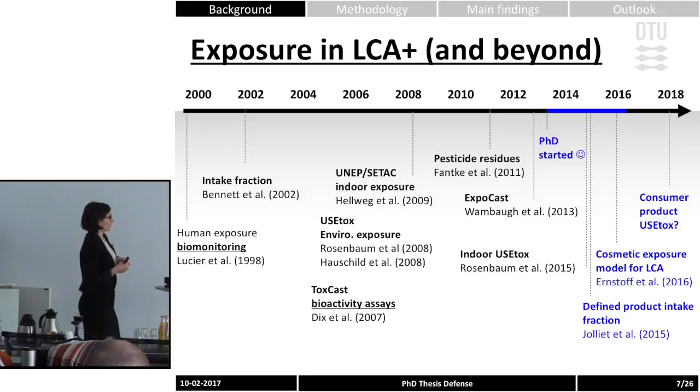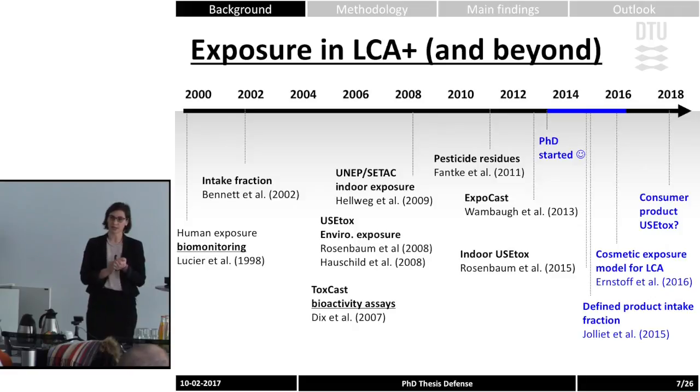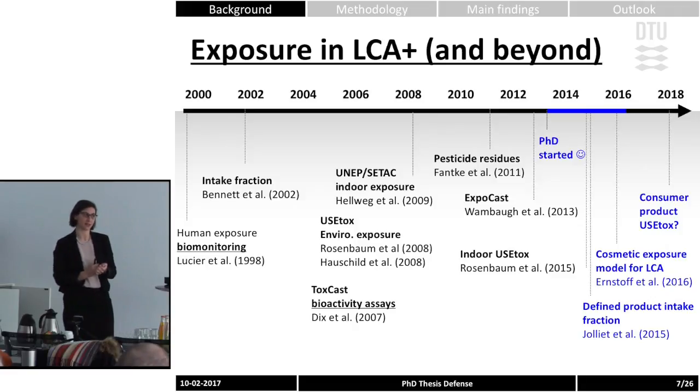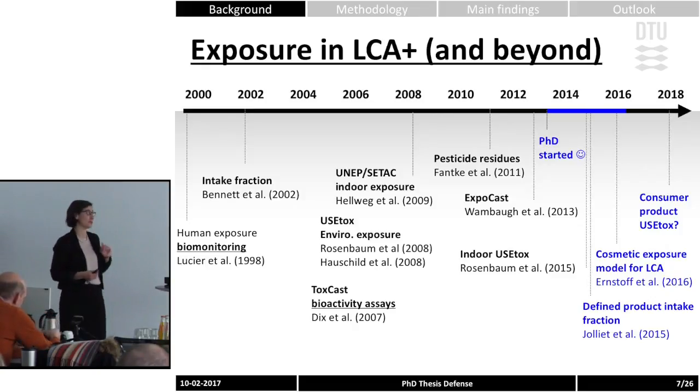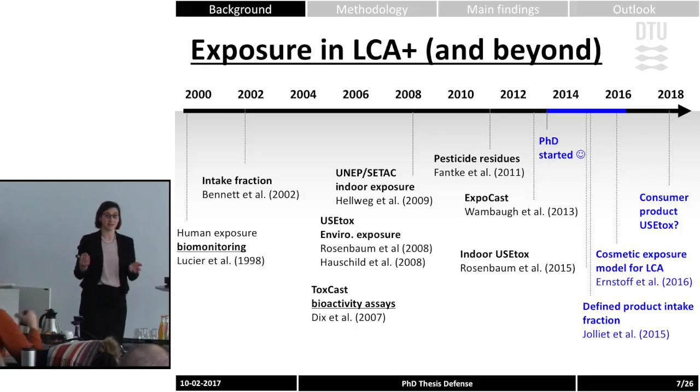The other thing I would like to point out is the USEtox model, which is a consensus model used in life cycle assessment. It includes human exposure estimates, again based on this intake fraction, and it also calculates potential human toxicity impact scores. This model is really the basis of human exposure in life cycle assessment.